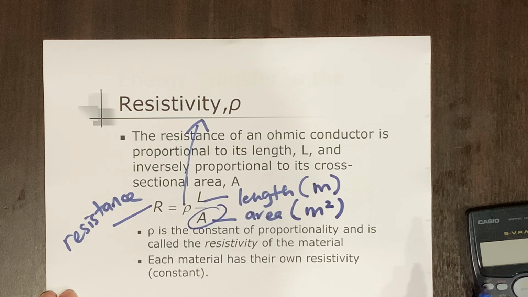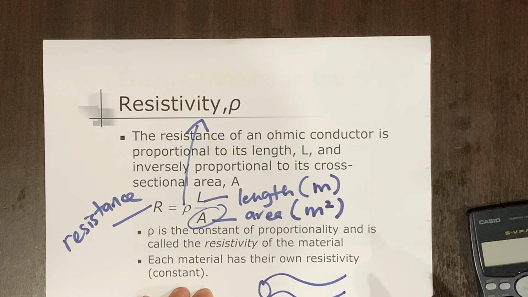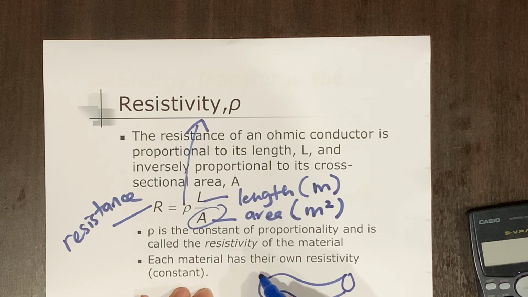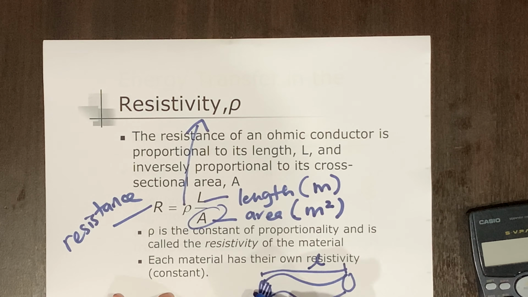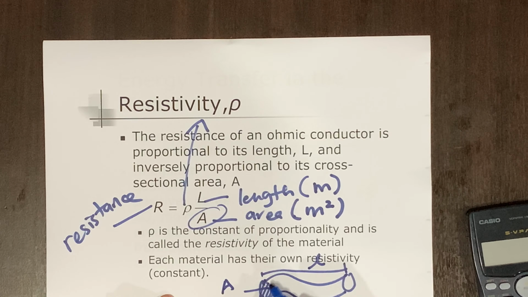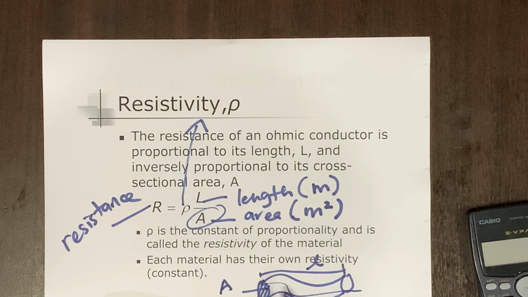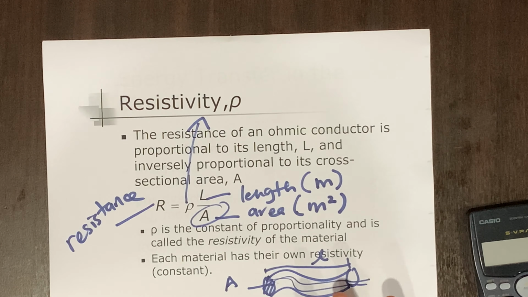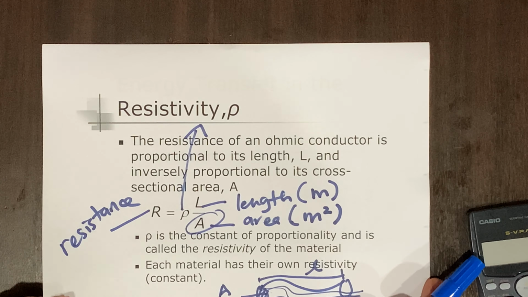What area is this? For example, a wire. L is the length of the wire, and A is the area of the cross section of the wire. So for wires you have copper, aluminium, iron. Different materials have different resistivity. Okay, clear?